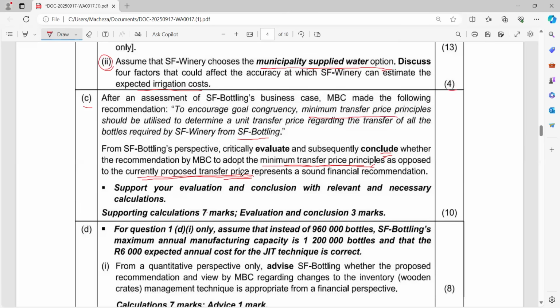They will give it to you, which means you are not going to calculate it. You just calculate your minimum transfer price, then you compare it with the one that is provided. So that's basically there.